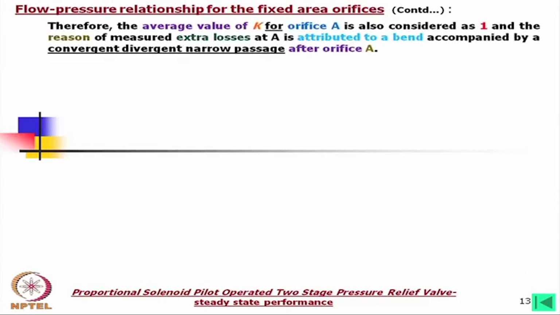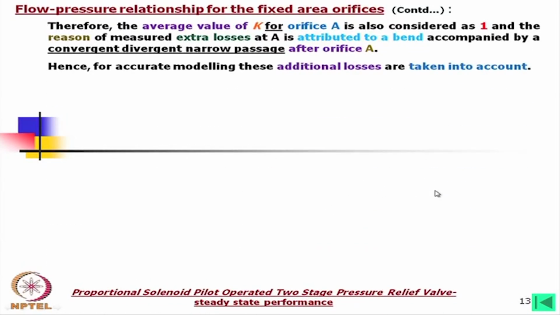Now, average value of K for orifice A is also considered as 1, and the reason of measured extra losses at A is attributed to bend accompanied by the convergent divergent narrow passage after orifice A. Hence, for accurate modeling, these additional losses are taken into account.